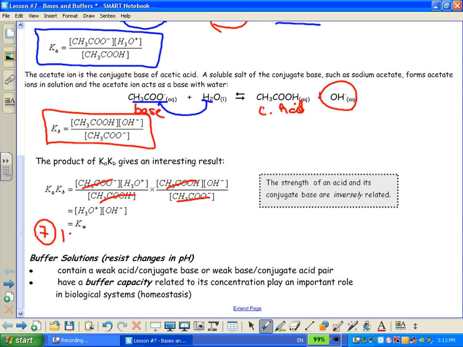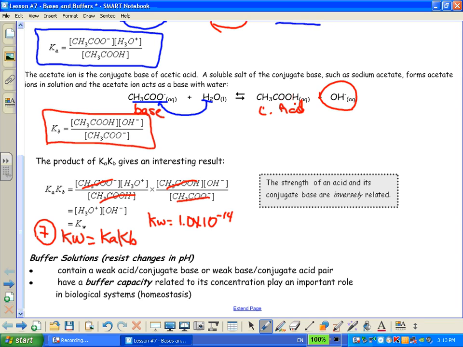The seventh one we're going to add now is Kw equals Ka times Kb. If you have Ka and need to find Kb, you can use that equation to solve for it. Just a reminder, Kw is 1.0 times 10 to the negative 14. That's a constant that never changes, so you can use it to find either Ka or Kb if one of the others is given.